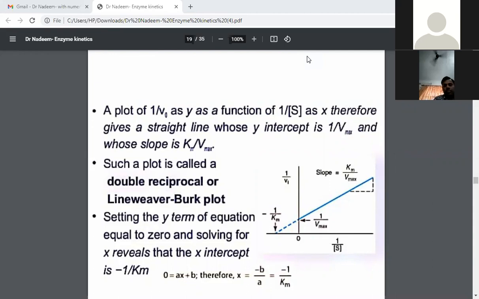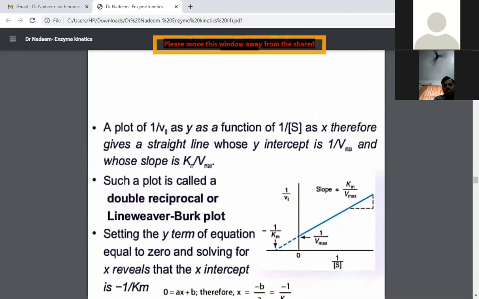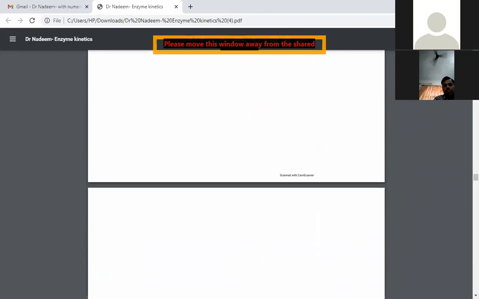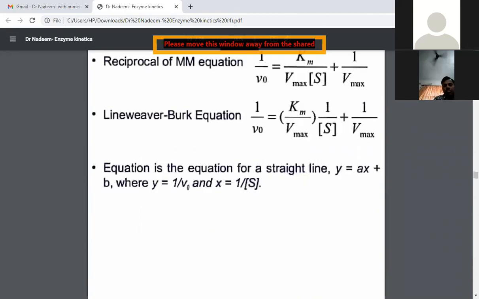Apart from this plot, there is an equation y is equal to ax plus b. What does it represent? How is it obtained? It is mentioned here.